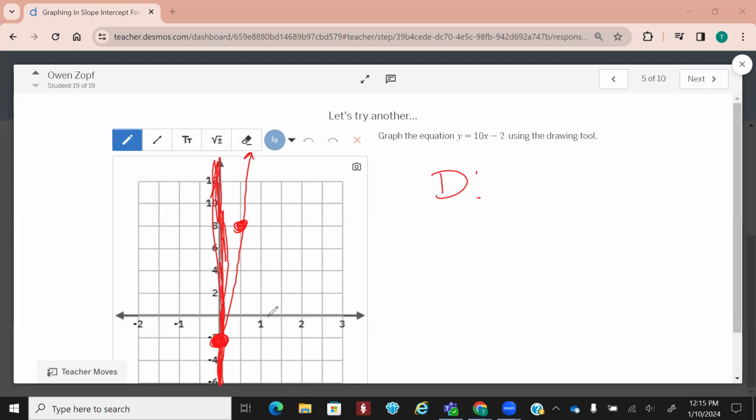Right here is 1, 0. What is this point right here? 0, -2. All right, cool. Oh, and that graph is wrong.